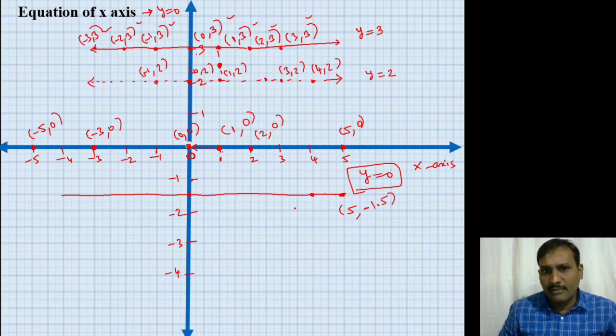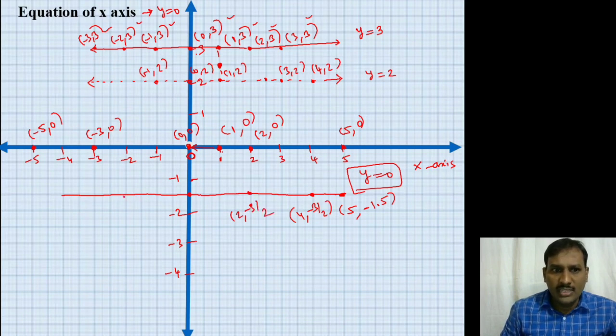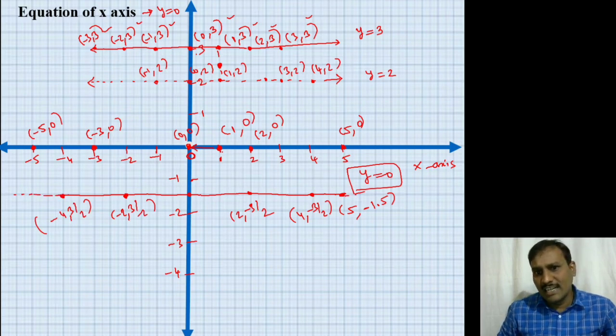So I'm taking it as 4 comma minus 3 by 2, and here it is 2 comma minus 3 by 2, and this is minus 2 comma minus 3 by 2, and minus 4 comma minus 3 by 2, and it goes on like this. So what is the common thing in all these points? That is the y value, y is equal to minus 3 by 2.